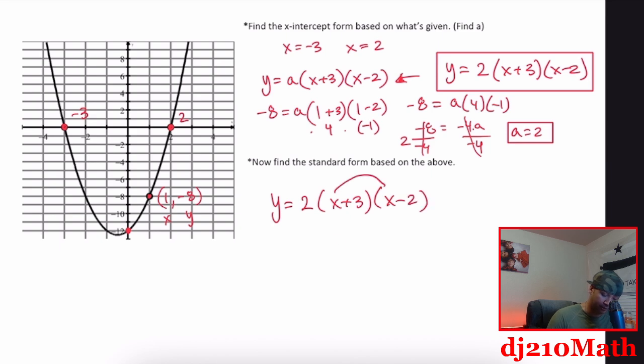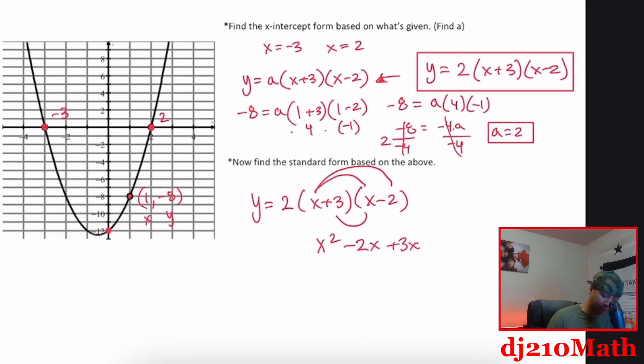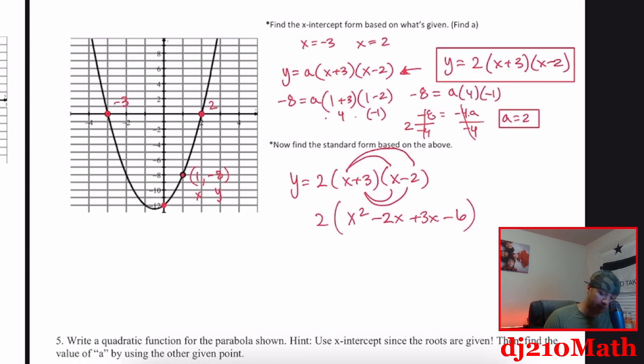So x times x, x squared. X times -2, -2x. 3 times x, 3x. 3 times -2, -6. Now, the 2 in front is the most forgotten part. That has to multiply to everything in the parentheses after we distribute.